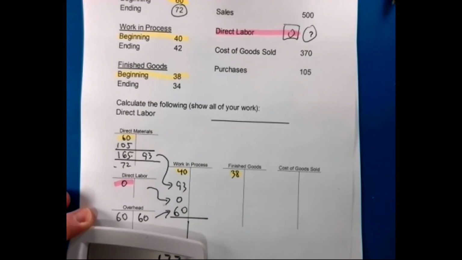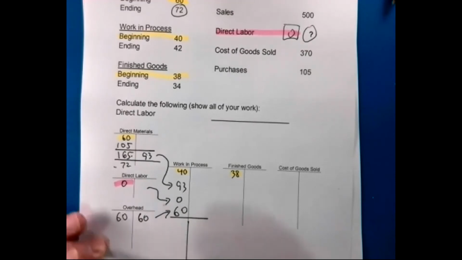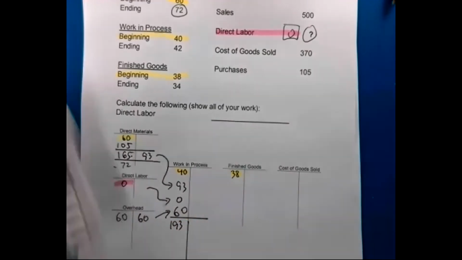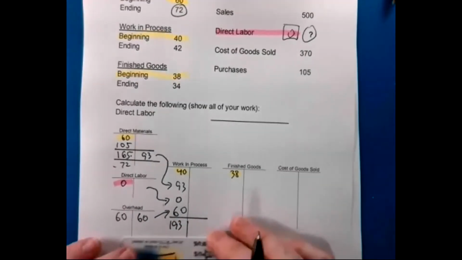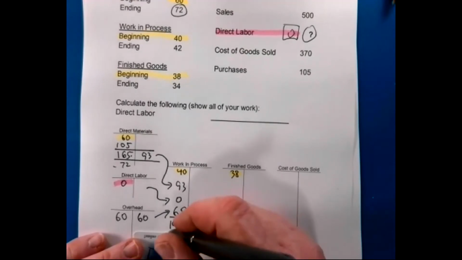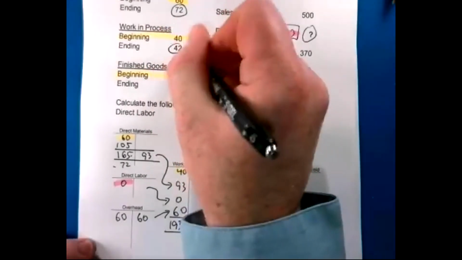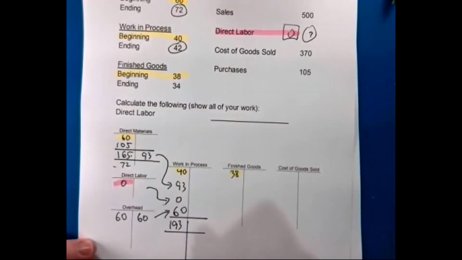You have to actually do that. Plus 60. So we have 183 in there. Count it up. Minus 42.